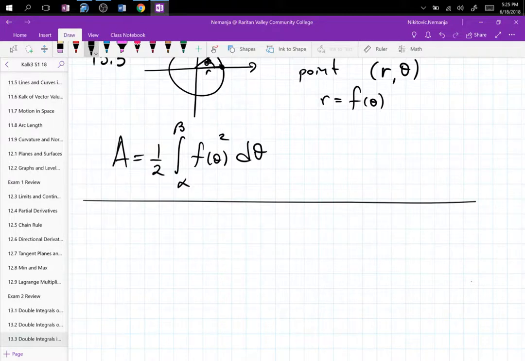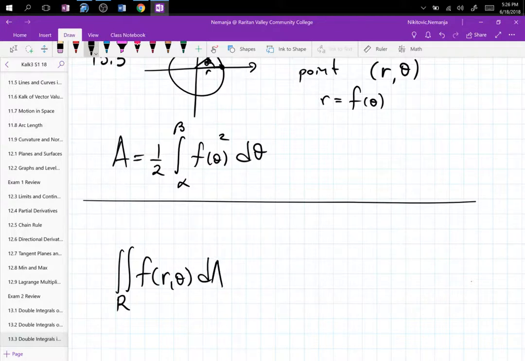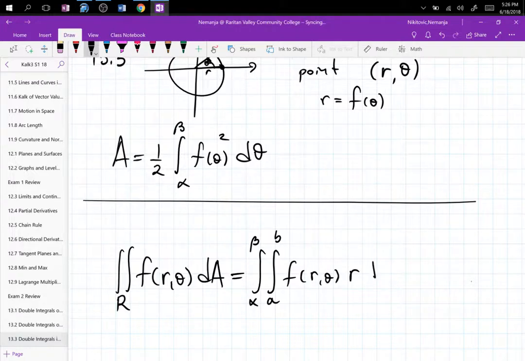All right, so double integral over a region R of a function of r and theta. The area is going to be, and now for a rectangular one, we have angle on the outside and a to b on the inside of the function in terms of r and theta, and then r dr d theta.